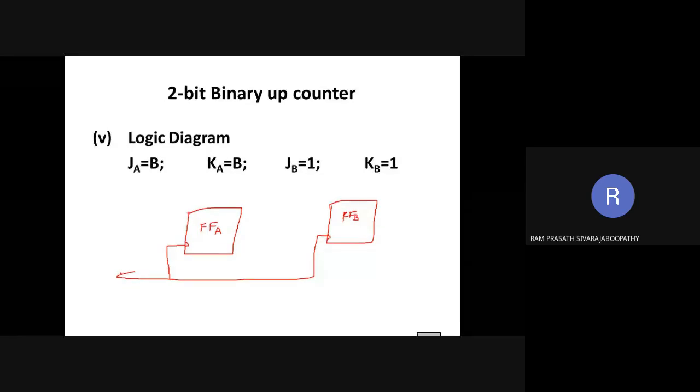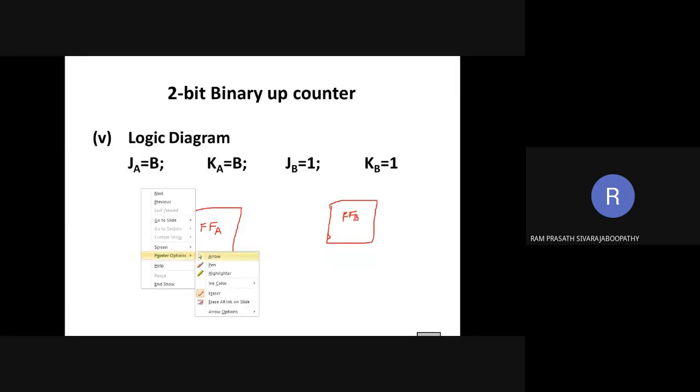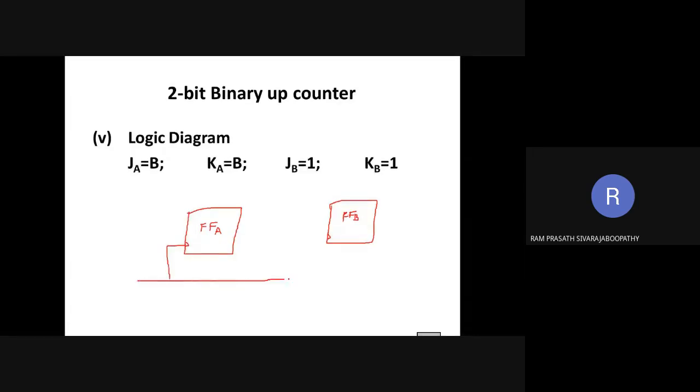So here we have to give the clock input. So this is the clock input. Each flip-flop is going to have the outputs QA, QA bar. Simply we can write it as A, A bar.